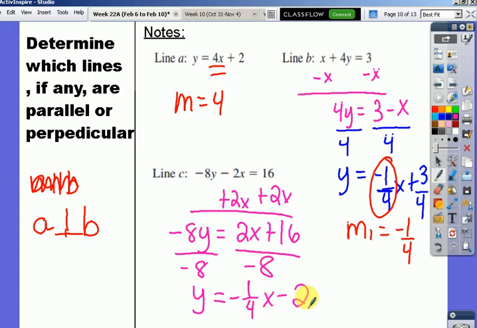Is it perpendicular? To which one? To A. Now, if you want to say that things are not perpendicular, like C and B, you would say B is not perpendicular to C. Just cross it out. Do you have any questions about that?